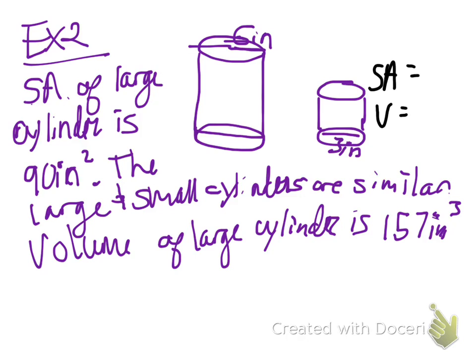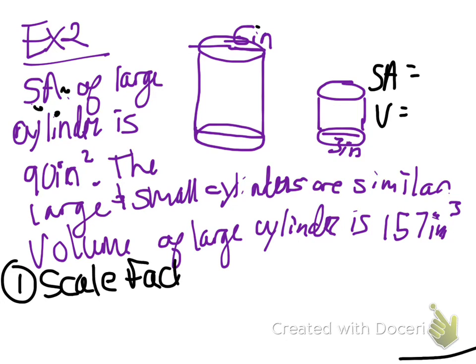Okay, so we can do this by saying we know that the scale factor of solids is just a over b, so our scale factor in this case between our large and our small cylinders is going to be, let's go large to small, 6 over 3.